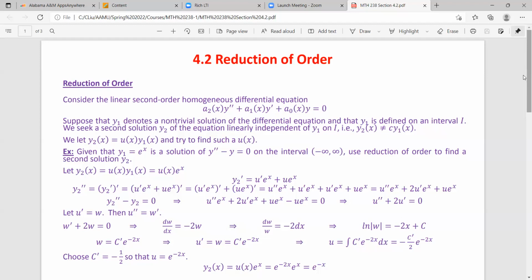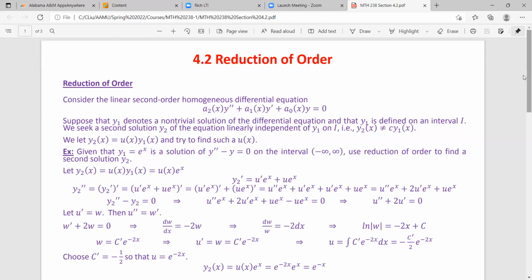So we're going to start from an example and show how to proceed with this procedure. Given that y1, which is e to the x, is a solution of y double prime minus y equal to 0 on the interval from negative infinity to positive infinity.